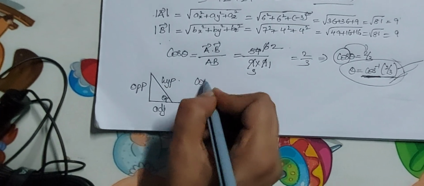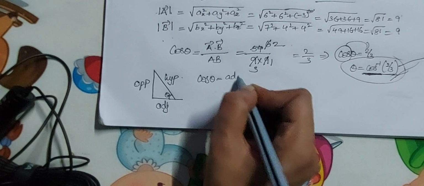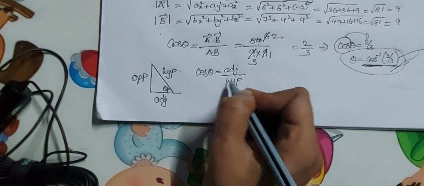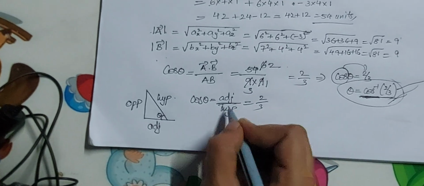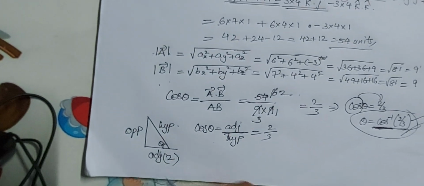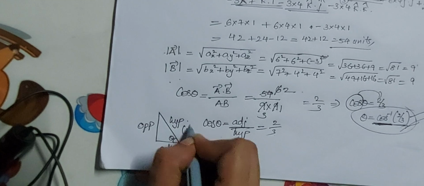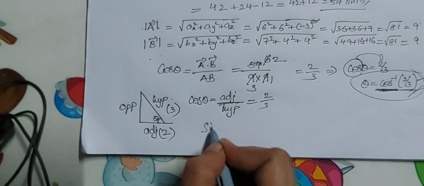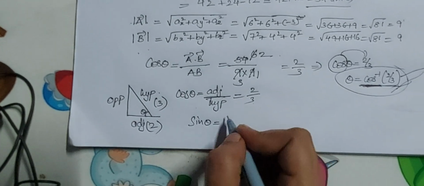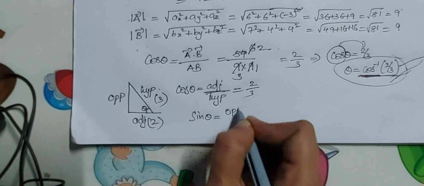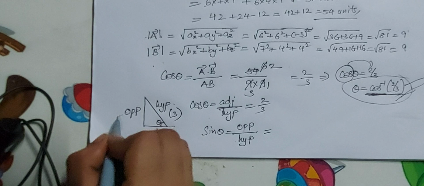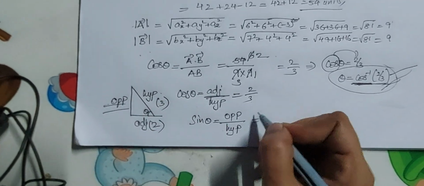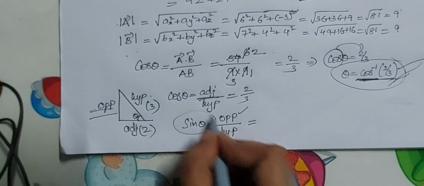Now we know cos theta is equal to adjacent by hypotenuse, and we got it as 2 by 3. So in the place of adjacent we can write 2, and in the place of hypotenuse we can write 3. If you want to find the sin theta value, we have a formula: sin theta is equal to opposite by hypotenuse. We don't know the opposite, so if we can find the opposite, we can find sin theta.